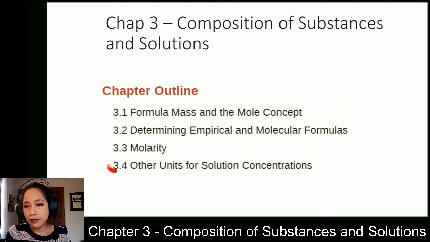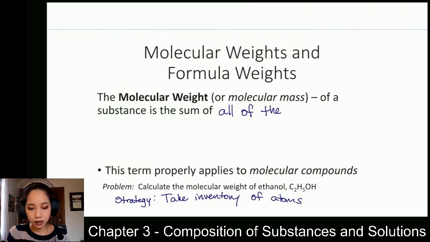Then in the second half of the chapter, we will look at composition of solutions, namely concentration of solutions. So that's a homogeneous mixture. And we'll use those concentrations in other types of liquid phase calculations. All right, so now let's get started.